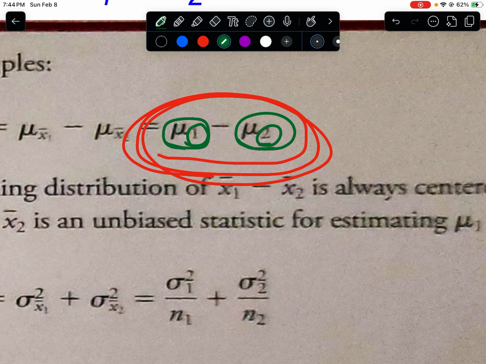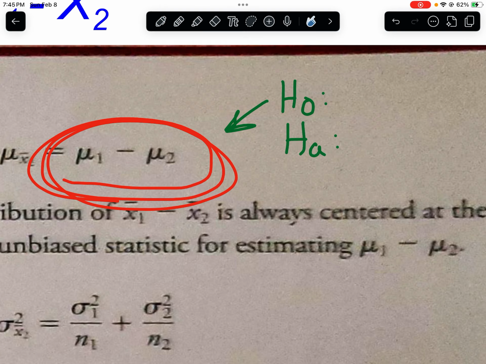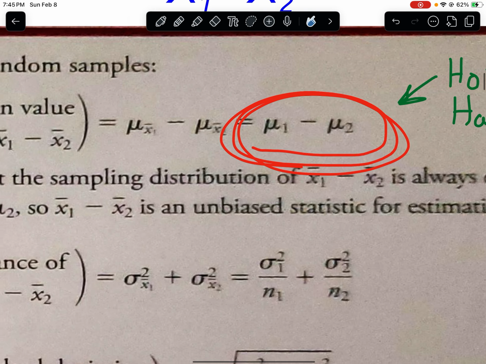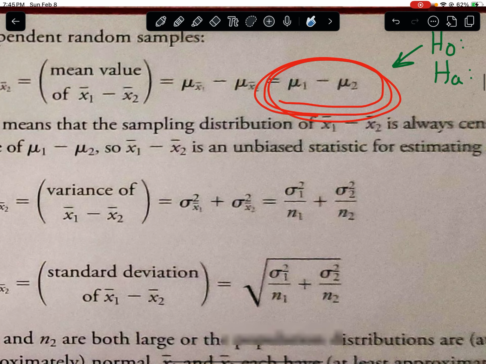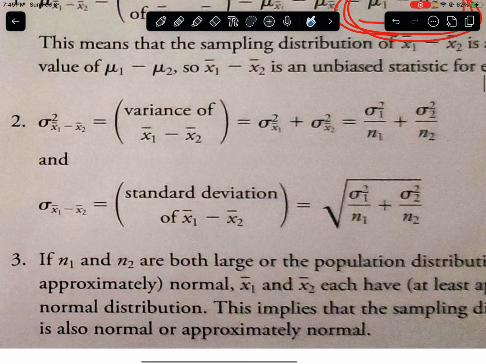So this would be the mean of your first data set, and this would be the mean of your second data set. A lot of times this piece comes in with either H0 or HA. I would say normally it's going to be your H0, the null hypothesis, because we'll work under the assumption that the 2 data sets are the same. And so that comes into play with that hypothesized value.